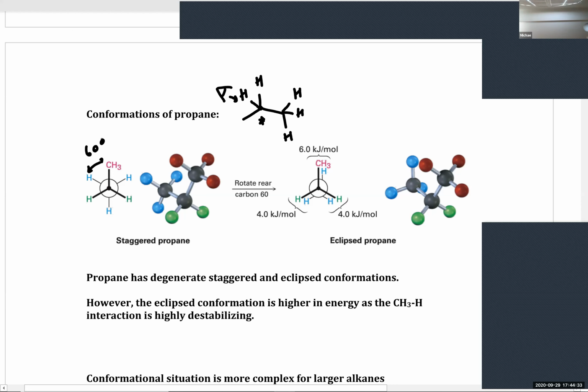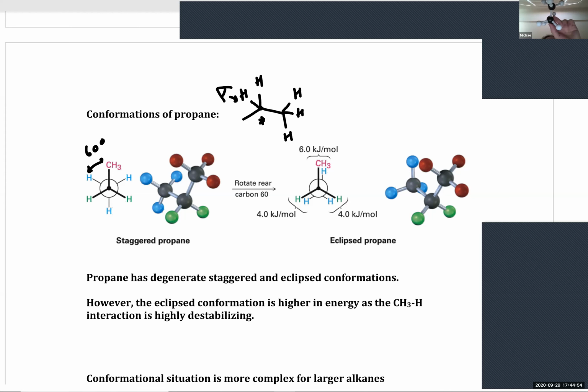So what we're going to do now is rotate our back carbon-carbon bond and our substituents 60 degrees, and we now have our eclipsed conformation.